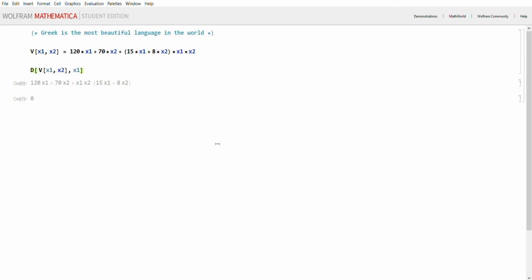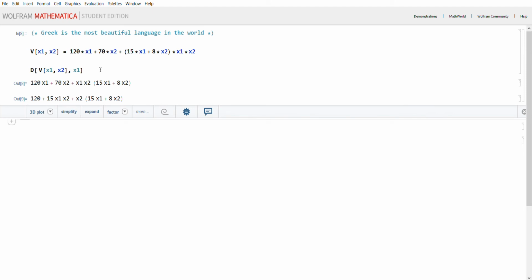Let me go ahead and delete the output. When you delete the output, you select it and press backspace, select and backspace. Then voila. Let me try again. Shift Enter. It gives you a different value here.